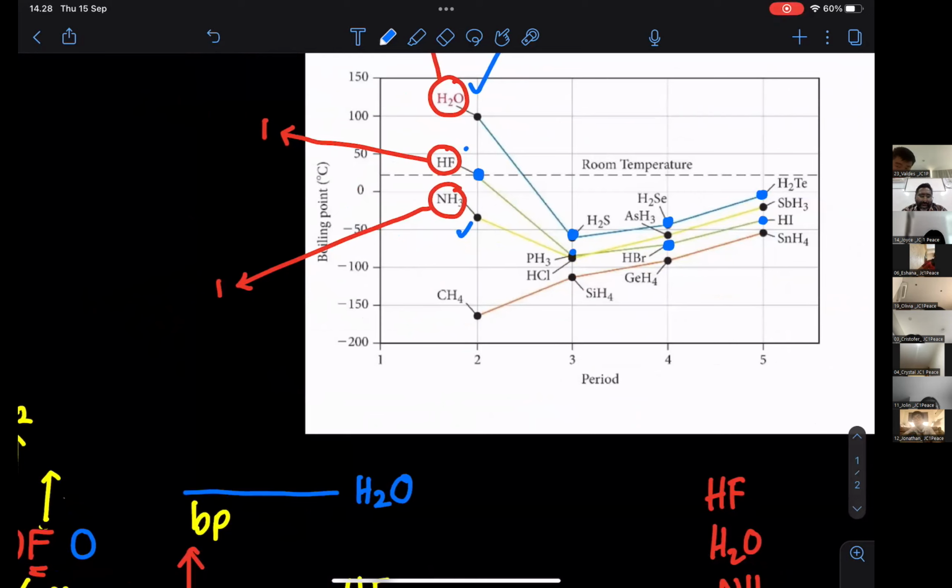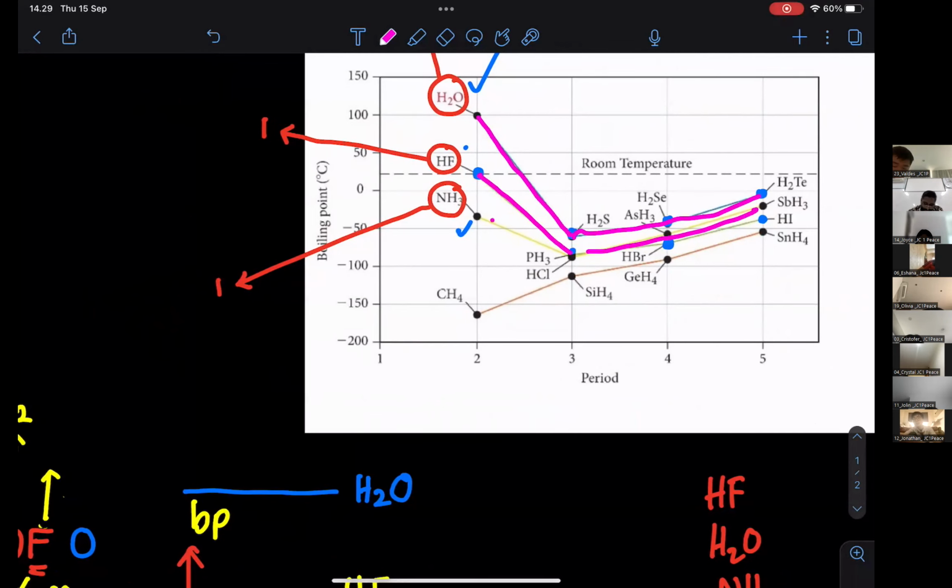Actually, it's not anomalous. You can see all of them follow the trend of going down, going up, going down, going up, but this one keeps on going up.